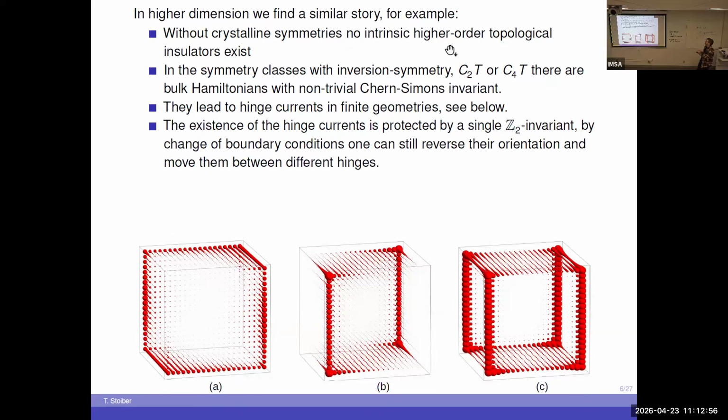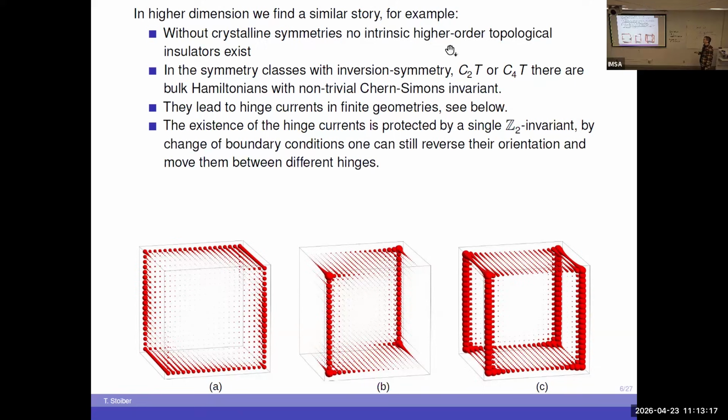Because if we have a C4T symmetry or C2T symmetry, if we add something on one side of the crystal, we have to add corresponding images on the other side of the crystal. And then this gives again the possibility to have protected hinge or corner states that you can't remove by changing the boundary condition.